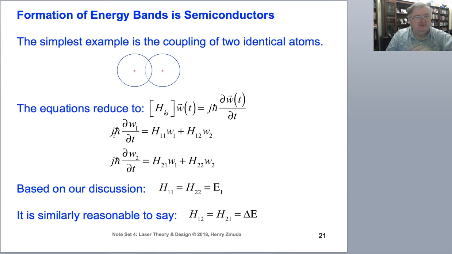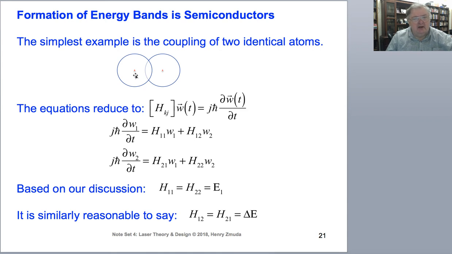Let's look at a simple example. What's the simplest example we could imagine? What's the simplest crystal you could possibly think of? Two atoms, two simple atoms like this. So this system of equations reduces to basically two equations, two unknowns. And since these two atoms, I'm assuming, are identical, H11 and H22 are E1.